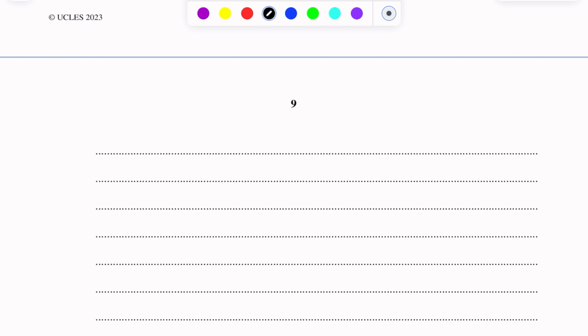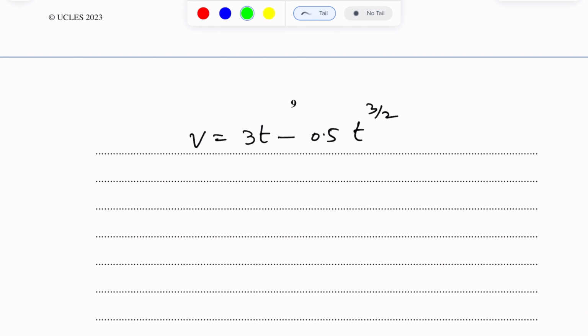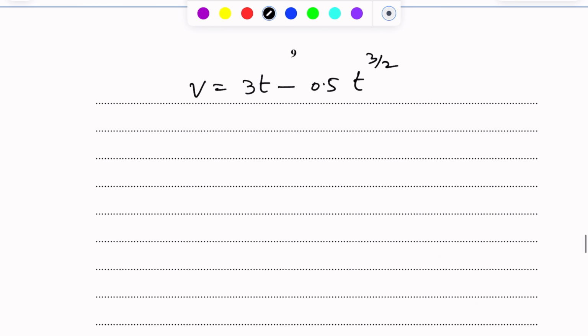So since v is equal to 3t minus 0.5 t power 3 over 2, integrating each side with respect to t. When we integrate v with respect to t, it will become s for distance.